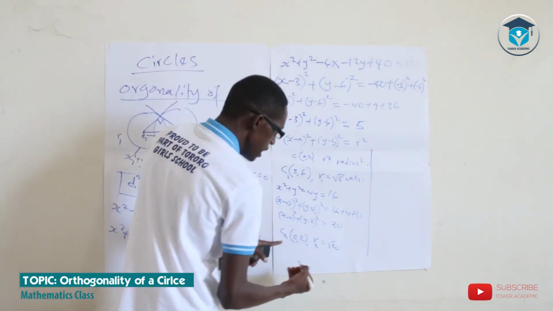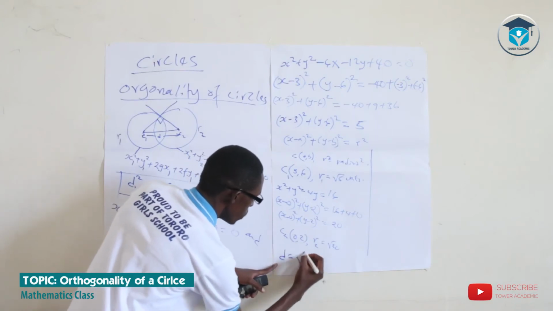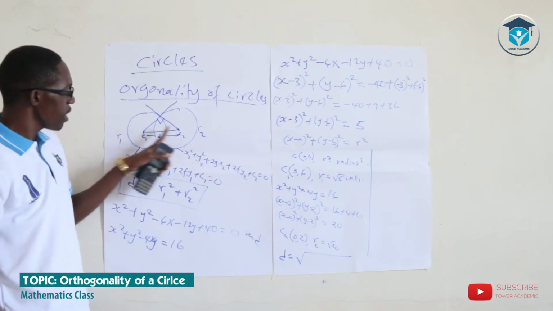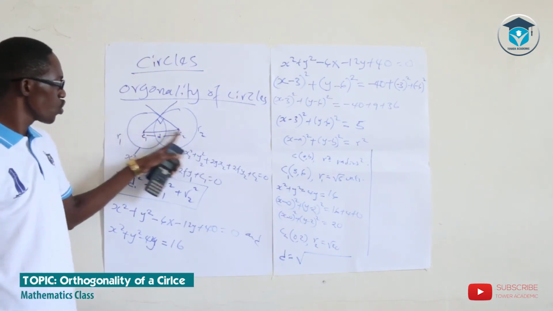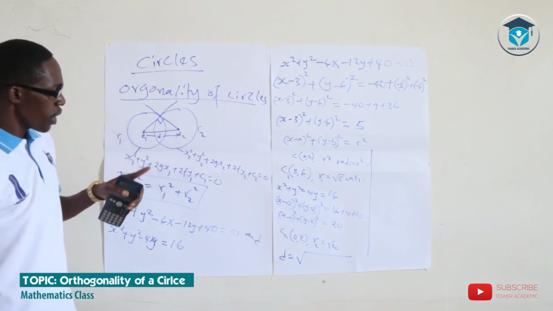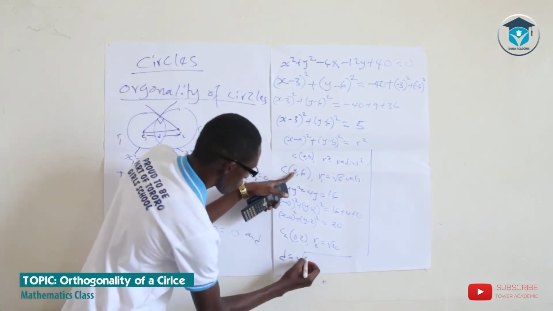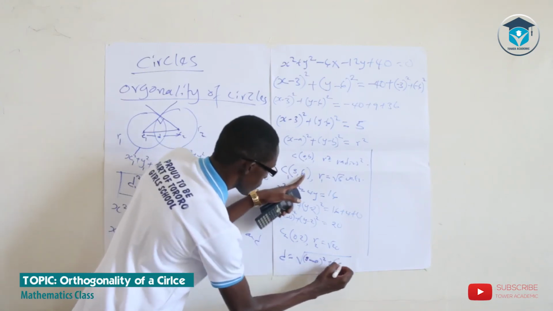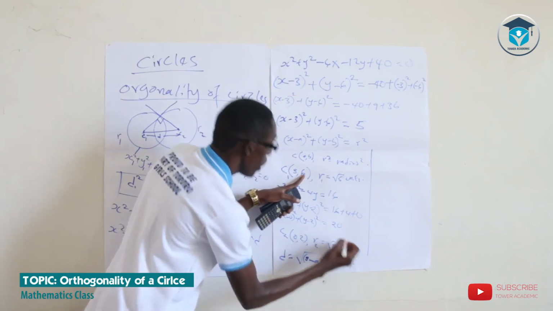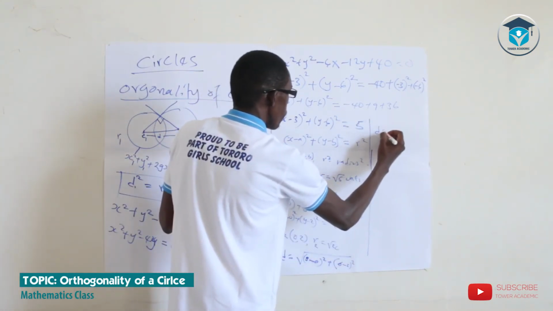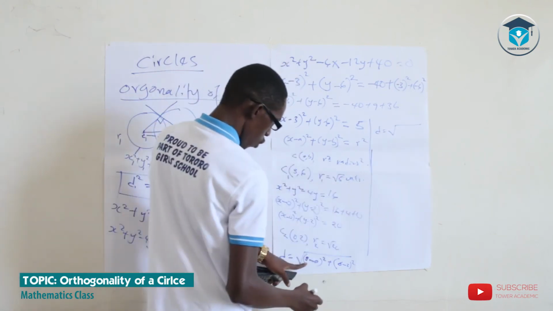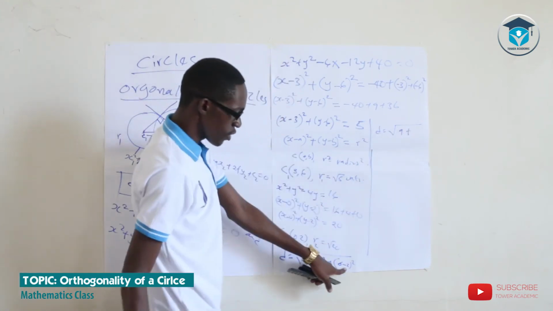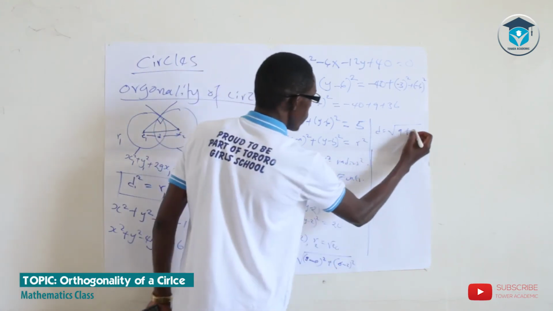So therefore we shall get d. And you know that our d is the distance between the two centers, since this is center 1 and this is center 2. So we say (3 − 0)² + (6 − 2)². This means our d is the square root of: 3 − 0 is 3, and when you square it, you get 9, then plus 6 − 2 is 4, and when you square it, you get 16.